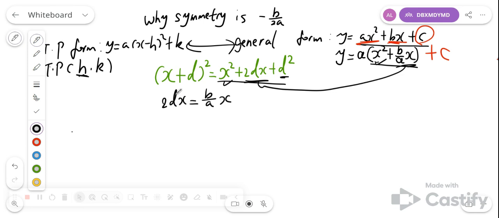Dividing both sides by x, we get x over x, which equals 1. And then what else we have is 2d equals b over a.